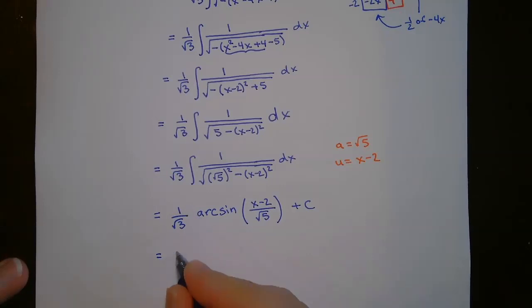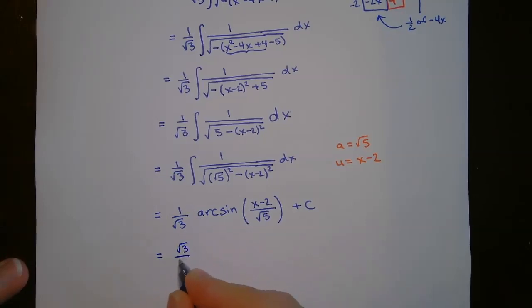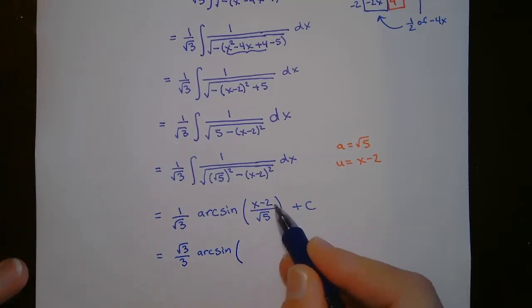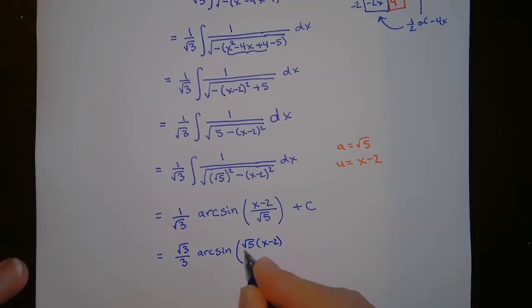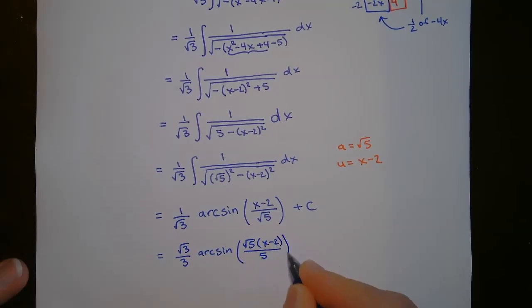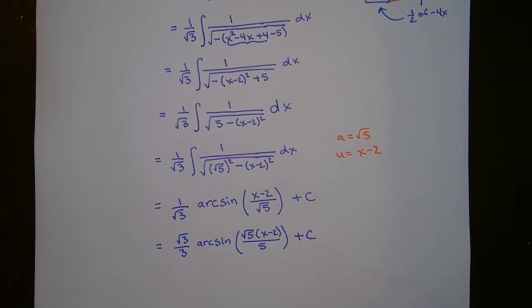So we wind up with the square root of 3 over 3 arc sine, you could also write sine inverse, of, multiplying the top and bottom by the square root of 5 over the square root of 5, the square root of 5 times x minus 2 over 5, and then plus your constant c. Okay? And that is how you integrate, with the result being arcsine, okay?